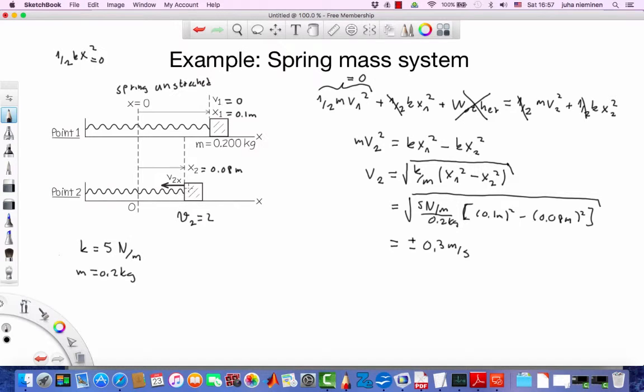But when the box moves all the way to the other end and gets rebounded by the spring, it will come to this very same point at 8 centimeters, and in that case its velocity is to the right. So that corresponds to the positive one. But to be strict, we wanted the value when it's on its way to the left, so we exclude that one and we just pick the negative one from here.